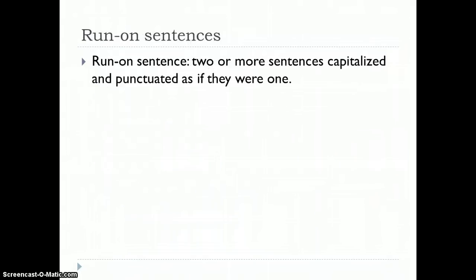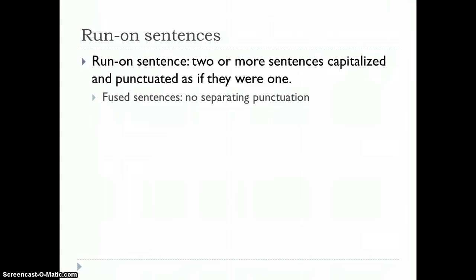Some other trouble that you might run into as you're writing is the run-on sentence, and you might see your teacher comment on this in your writing. A run-on sentence is when you have two or more complete sentences or two or more independent clauses that are capitalized and punctuated as if they're one sentence, so they're kind of shoved together. We have two different kinds of run-on sentence.